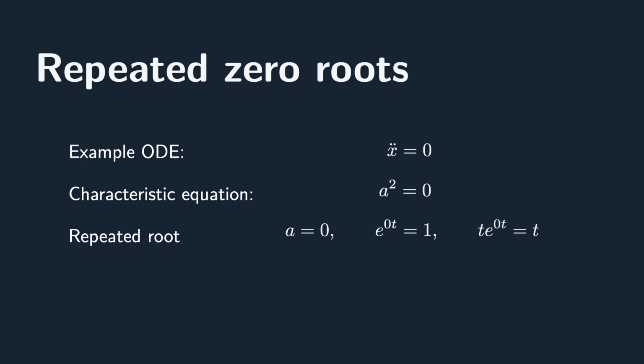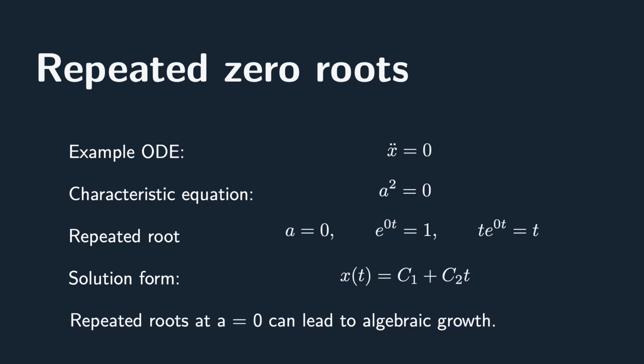That means the general solution has the form x equals c1 plus c2 times t. If c2 is not 0, then the c2 times t term grows linearly with time. This is a simple example of algebraic growth. So, repeated 0 roots can lead to algebraically unstable behavior. The response can drift away over time through algebraic growth.